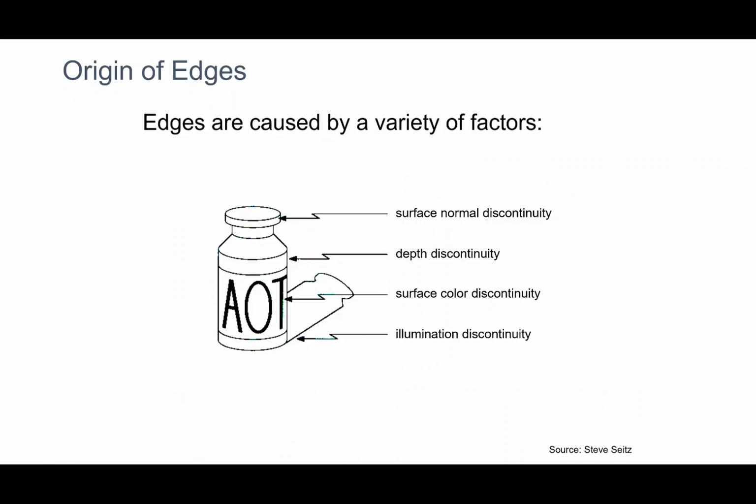Okay, so edges are caused by a variety of factors, sometimes the surface normal discontinuities, and then depth discontinuities. So here this is the foreground and this area is background, and then surface color discontinuities. Right here the letters printed and non-printed gives rise to an edge, and then illumination discontinuities, the shadow area is dark and the outside is bright.